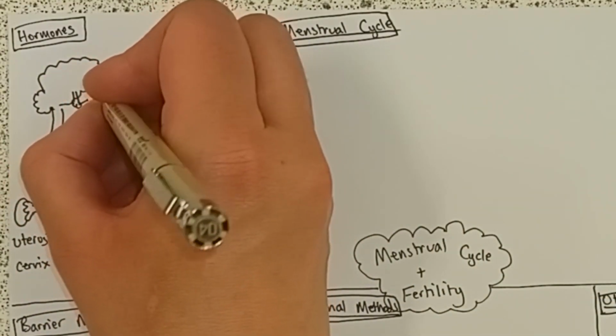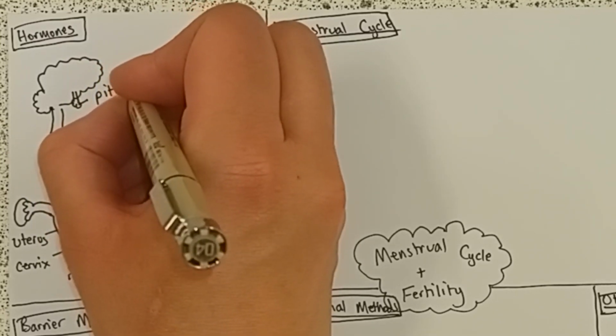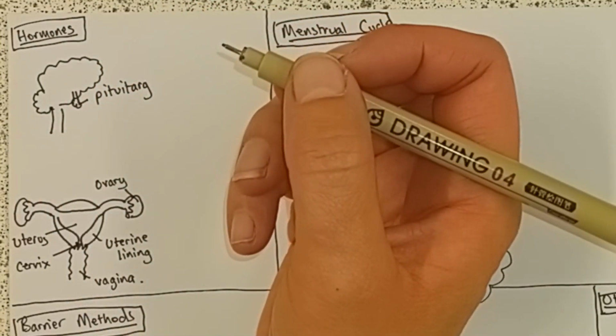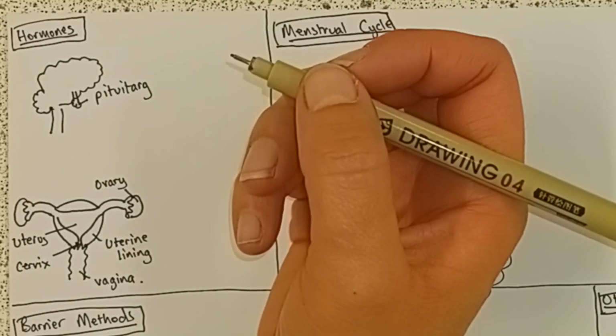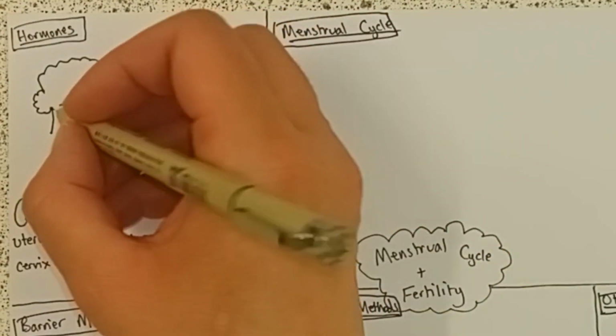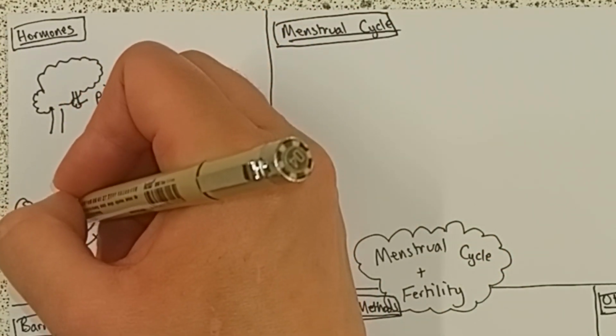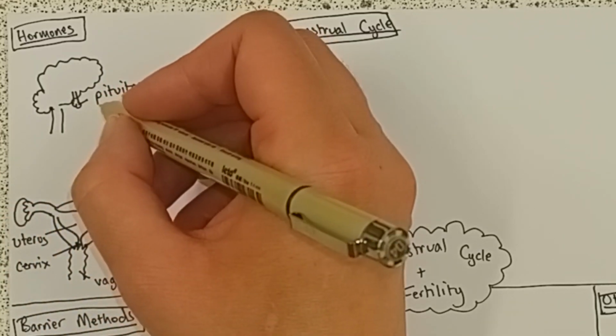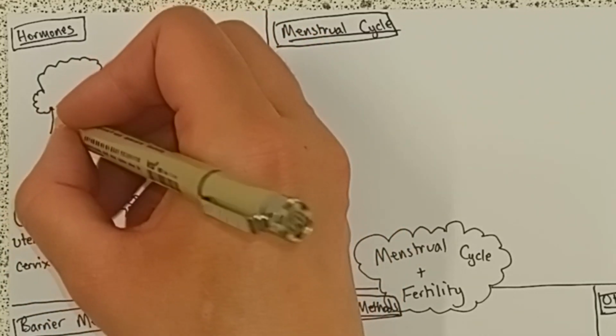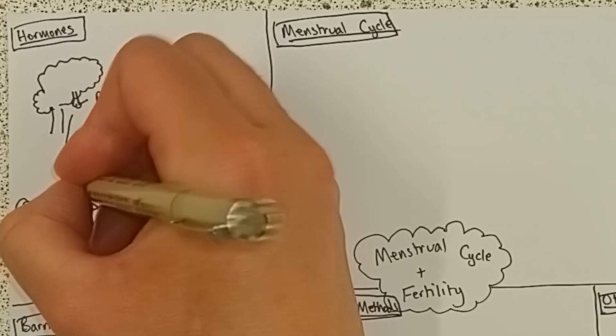This is the pituitary. Right, so we've got basically 2 sets of hormones working between the pituitary and the ovary, and from the ovary back to the pituitary. Okay, so we've got a feedback loop between the 2.